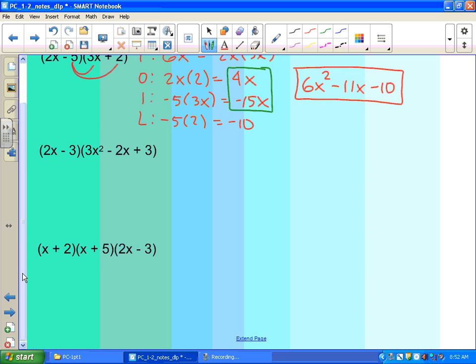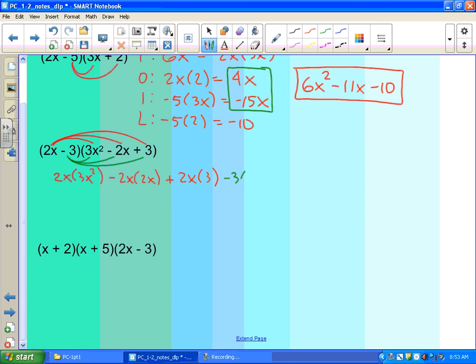All right, just continuing with that process here for this next problem. Again, each term in the binomial multiplies with each term in the trinomial. So I'd have 2x times 3x squared minus 2x times 2x plus 2x times 3. Then I would have the negative 3 multiplying by each of the terms.